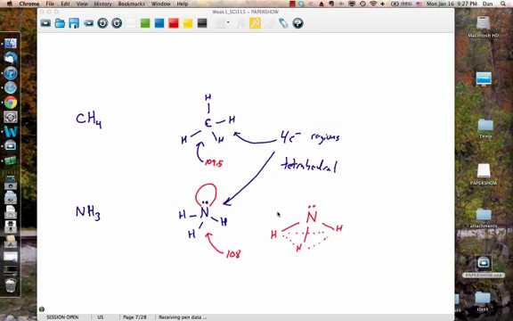But yet it's still based off the tetrahedron. If you take a look in your textbook, you'll see figure 10.1 describes the overall geometries, whereas table 10.2 will describe all of the individual shapes.